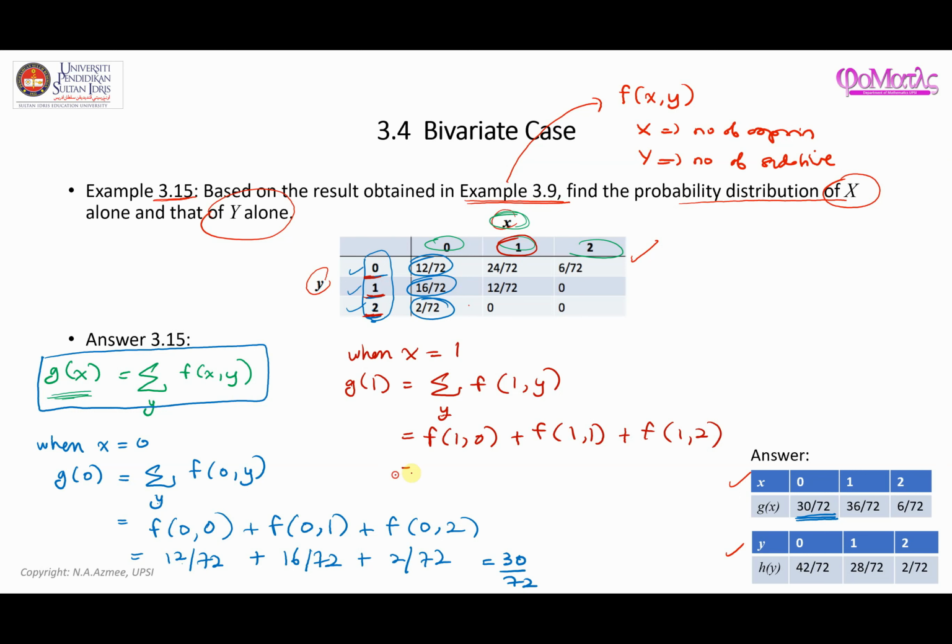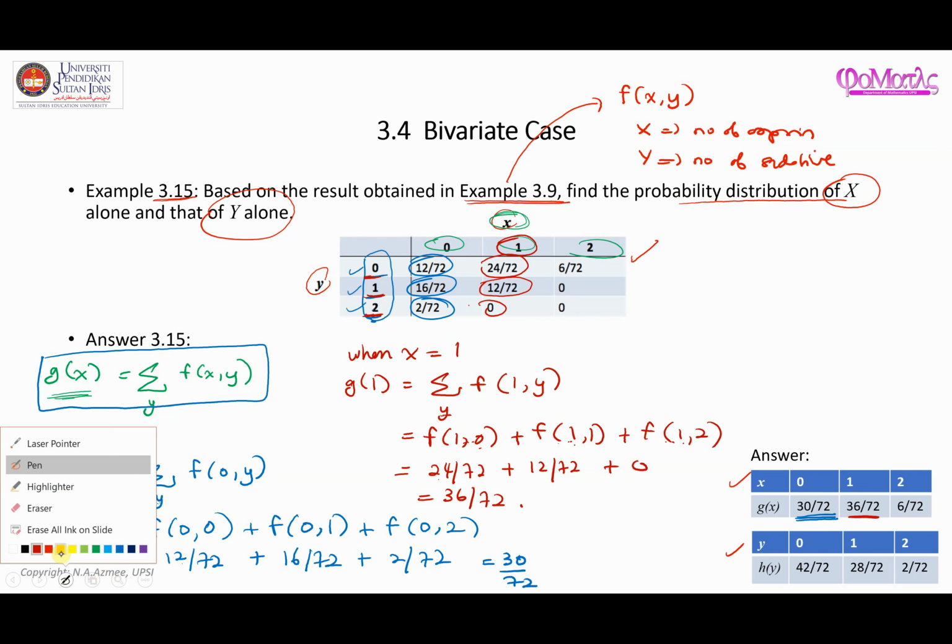That's the process, and we can see that the values associated with this joint probability distribution are 24 over 72, 12 over 72, and 0. So those are the values. Just write down all the values, and you can see that 24 plus 12 gives the result 36 over 72.